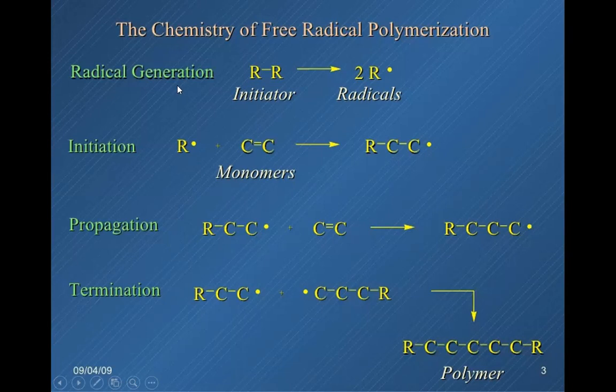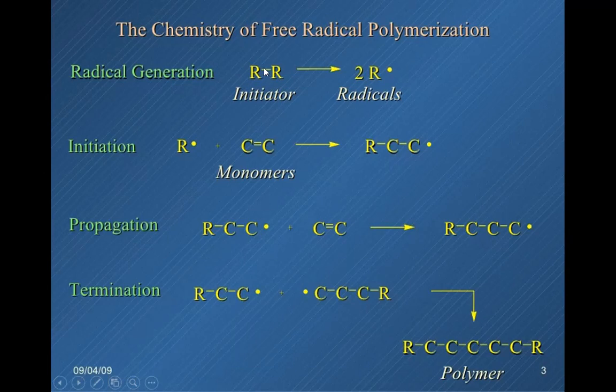First, the radical generation should take place before the mechanism begins. In the radical generation, the initiator, that is RR, undergoes homolytic fission. Homo means same, so it undergoes bond cleavage equally.